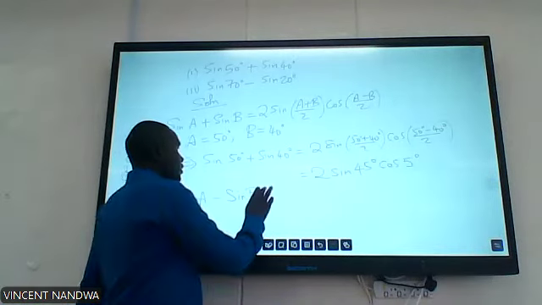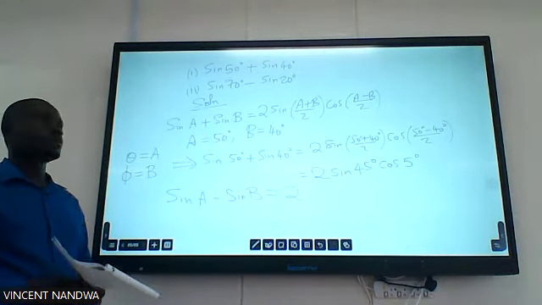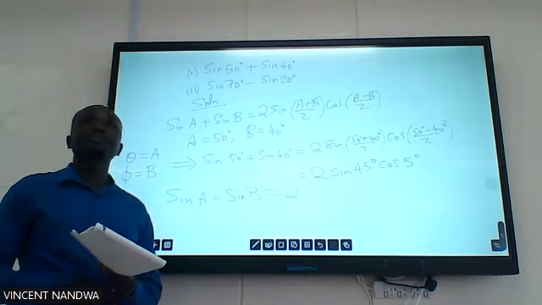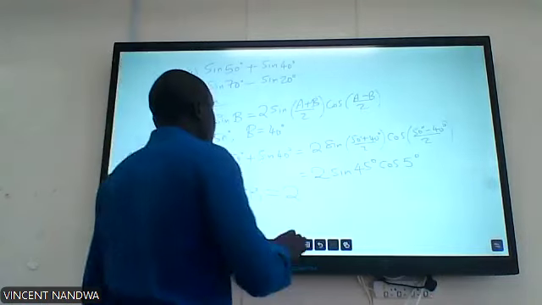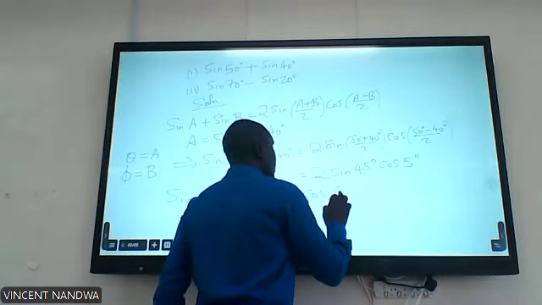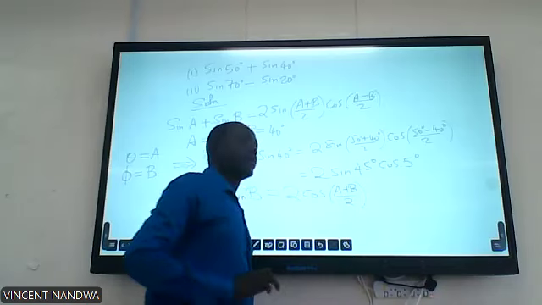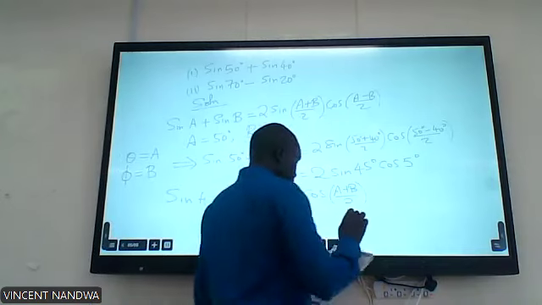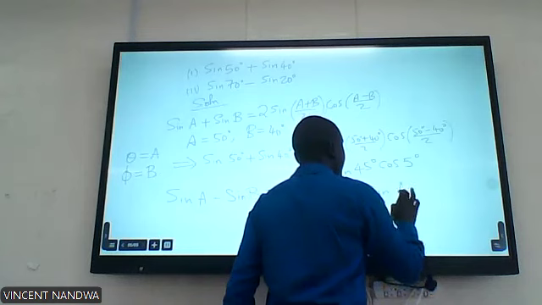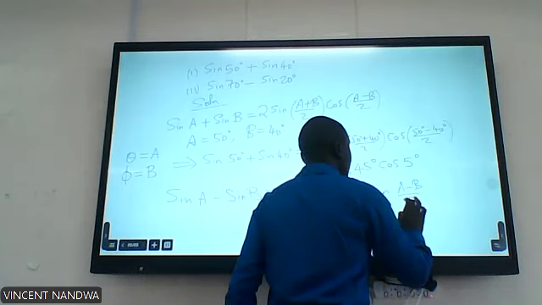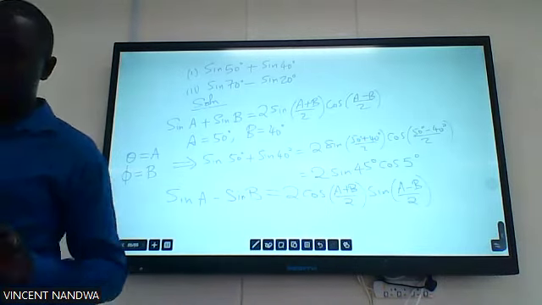So what's the formula here? Sine A minus sine B will be 2 cos A plus B divided by 2 multiplied by sine A minus B divided by 2. So replace accordingly and tell me the final.